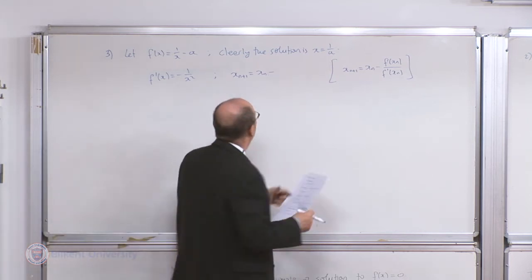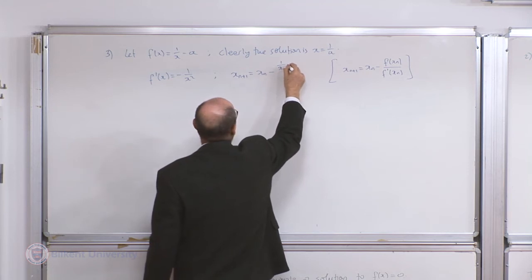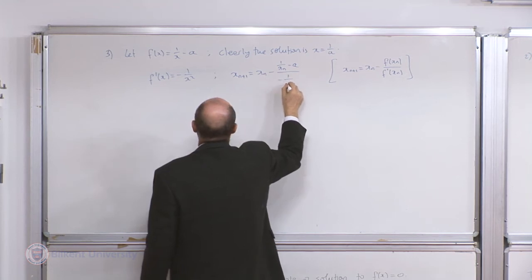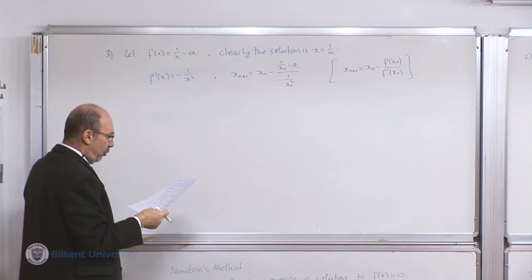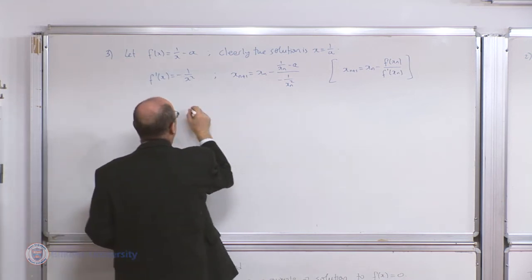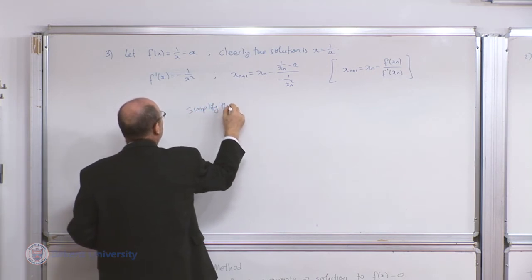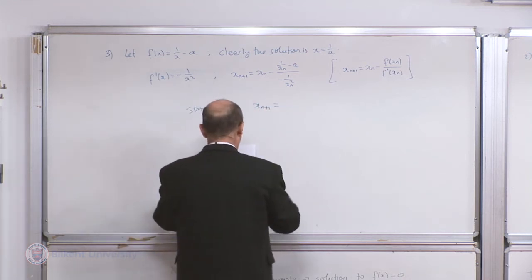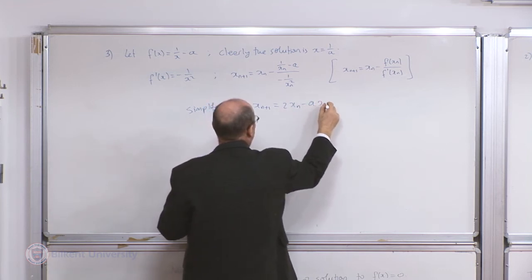Okay, so f of xn is 1 over xn minus a, over this thing, minus 1 over xn squared. You simplify this. You get xn plus 1 equals 2xn minus a xn squared.